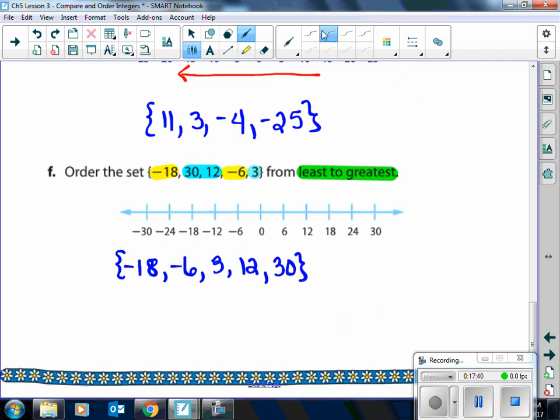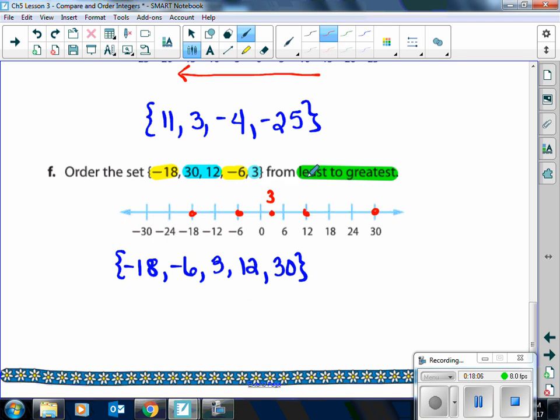Now, when we put this on the number line, we've got a negative 18 right there. We've got a positive 30 over there. We've got a 12, a negative 6, and a 3 right in the middle. So that's going to be a 3 right there.